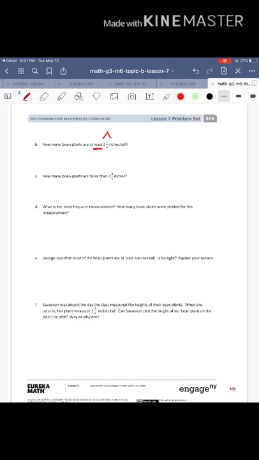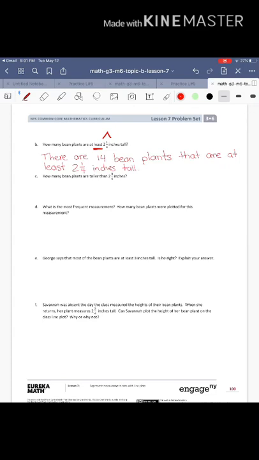How many bean plants are at least 2 wholes and 1/4? I'm going to say there are 14 bean plants that are at least 2 wholes and 1/4 inches tall.